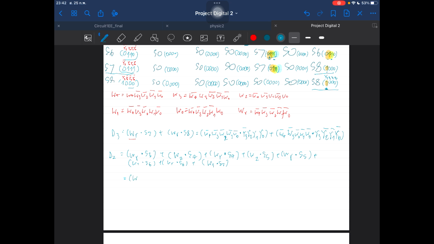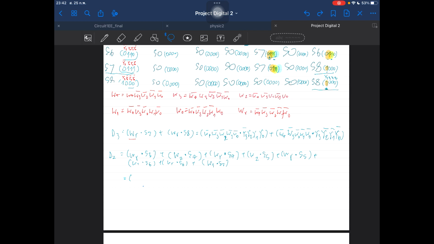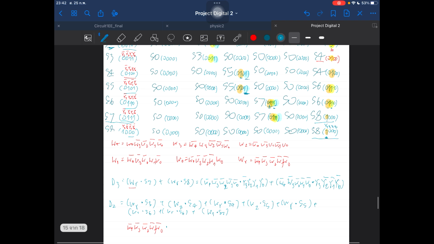In the first line, WR is W4 that, W4 that, and state 3 name is Y3 that, Y2 that, Y1, Y0.